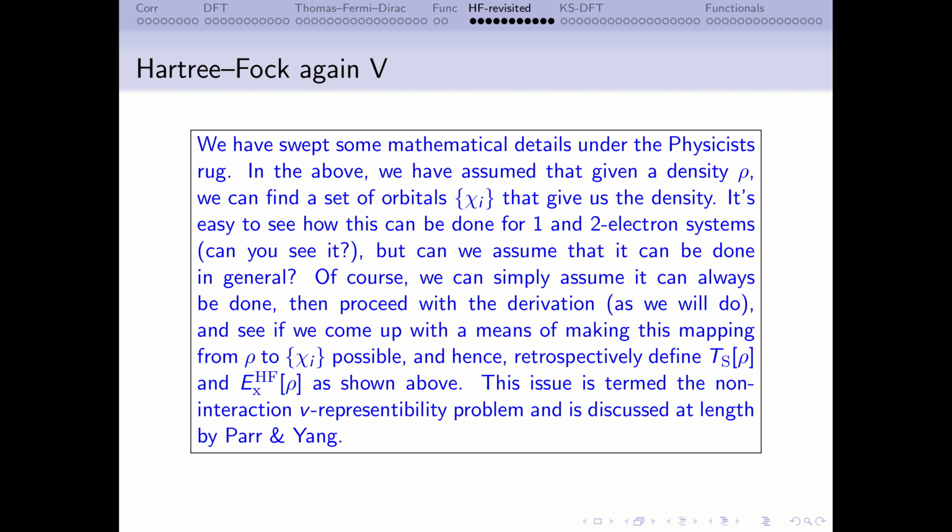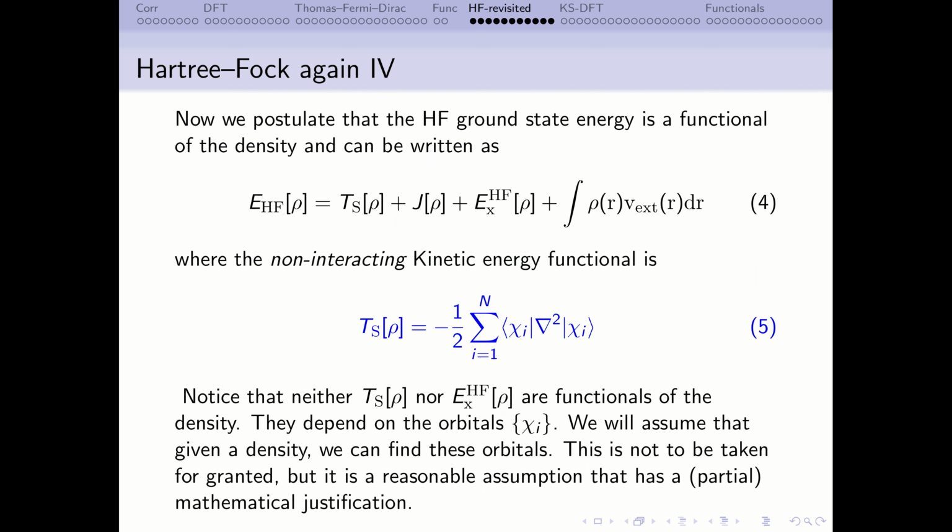So this bit in blue here just deals with some of the mathematical subtleties of stating that you can write down such a functional in the first place. I don't want to spend too much time on it, but what we want here is to write this thing as a functional of the density.